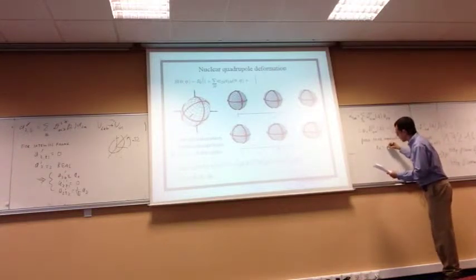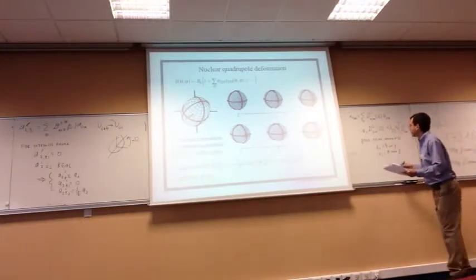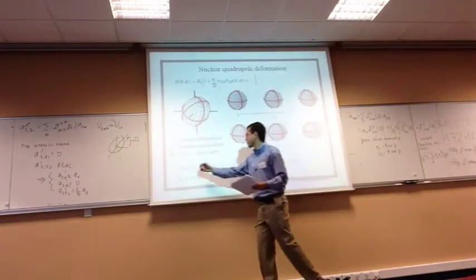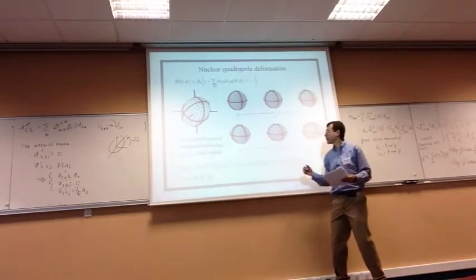A0 equals beta cosine gamma, A2 is beta sine gamma, which gives us, when we put those in, the classic expression for the quadrupole coordinates in terms of these variables.